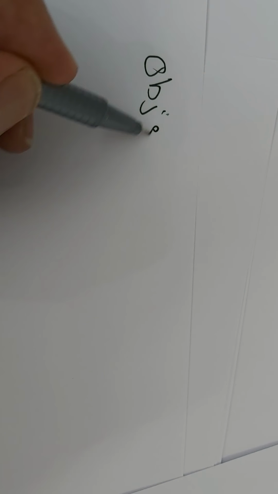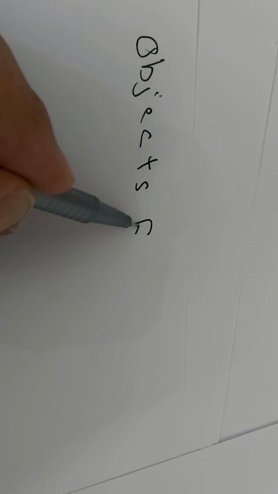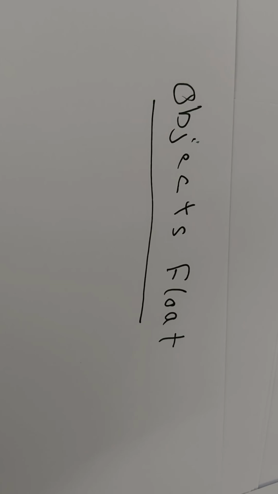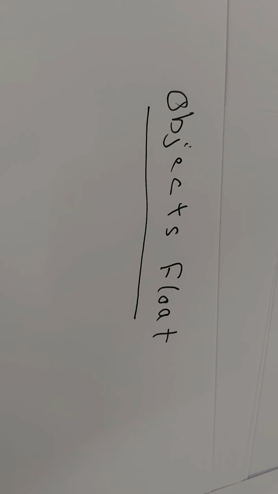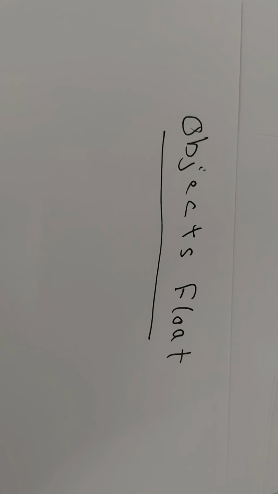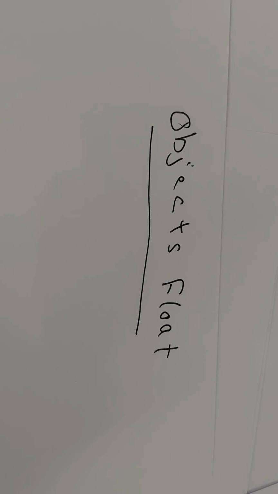How? Objects float if their density is less than the density of water. So if the density of this object is less than the density of water, it will float.